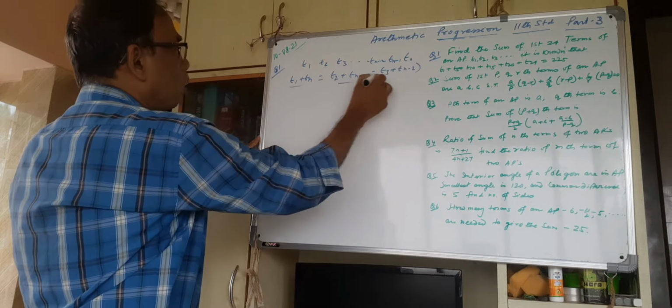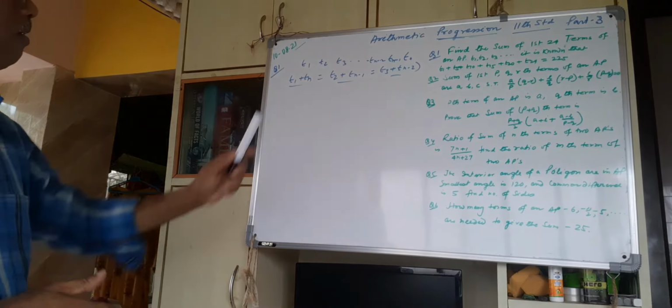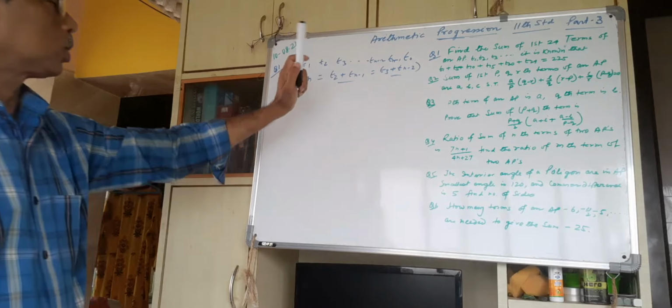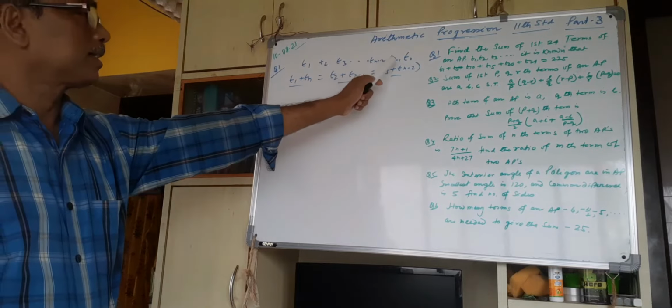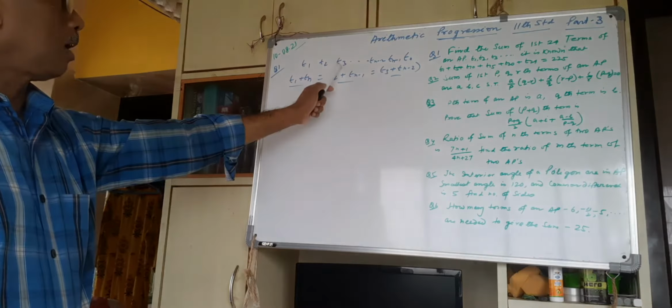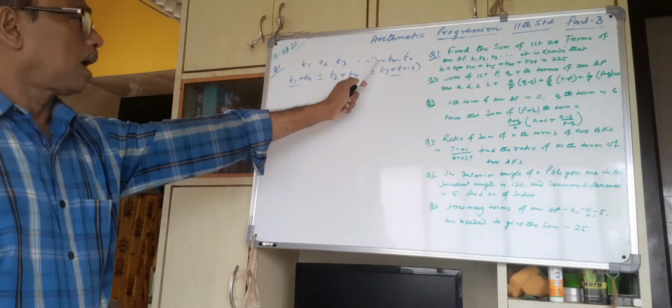These are always equal. The sum of the first term and last term equals the sum of the second term and second last term, and the sum of the third term and third last term.